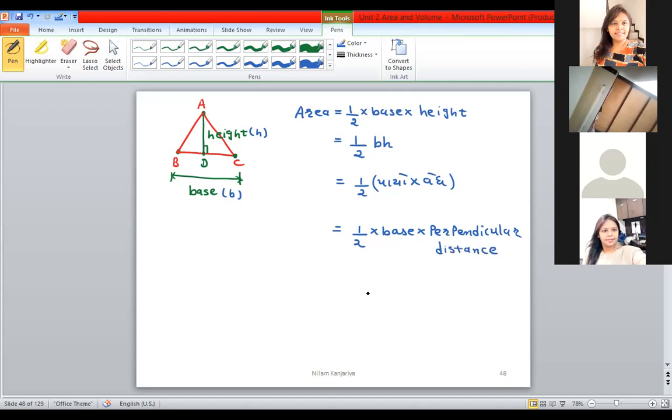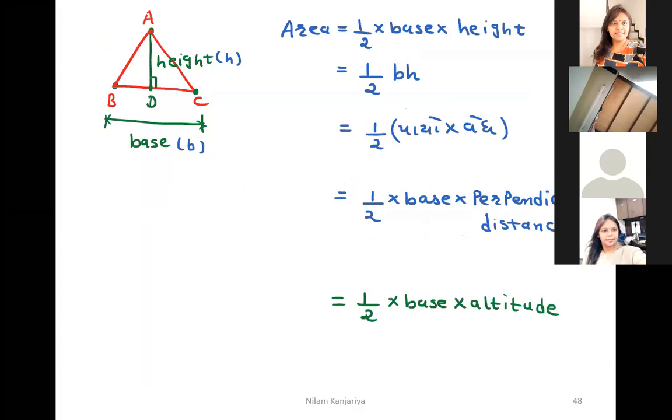Or they will ask you about the area, that means base multiplied by altitude. Altitude means height. So don't forget, these are the synonyms of the given terms: height, perpendicular distance, and altitude.